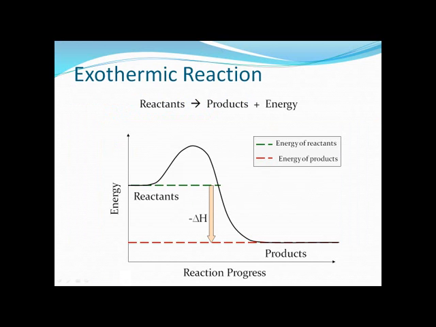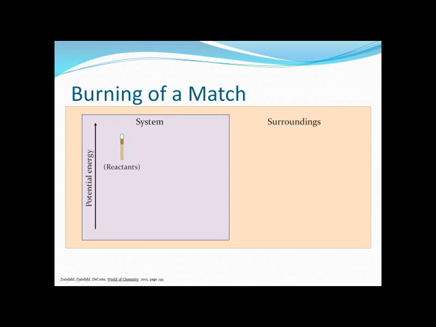Delta H being negative means it's exothermic. Think of burning a match. Here you have the system, it's the reactants, and that is at a certain energy level. When you strike it, it burns, and the energy is released to the surroundings as heat, and the delta H for that system is negative.